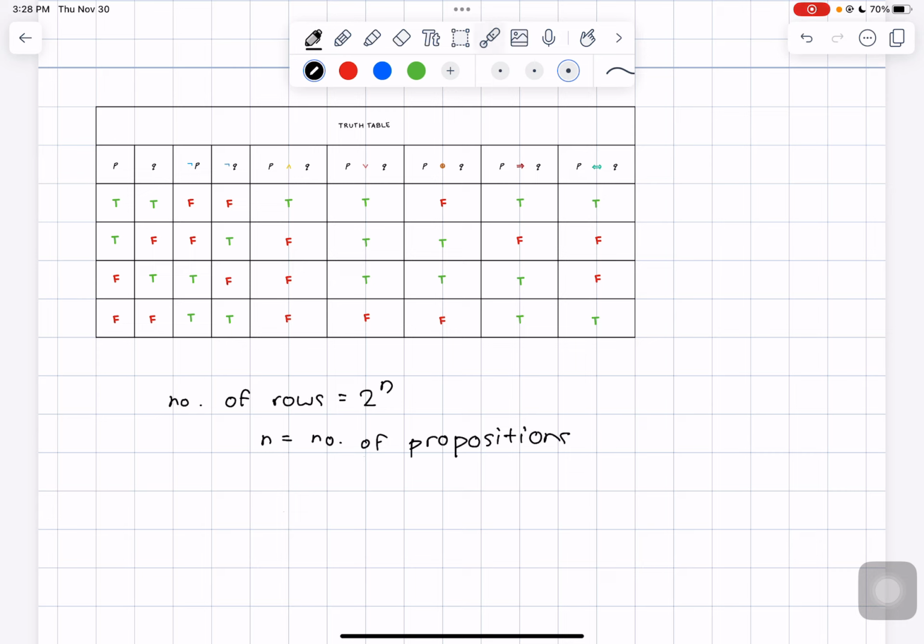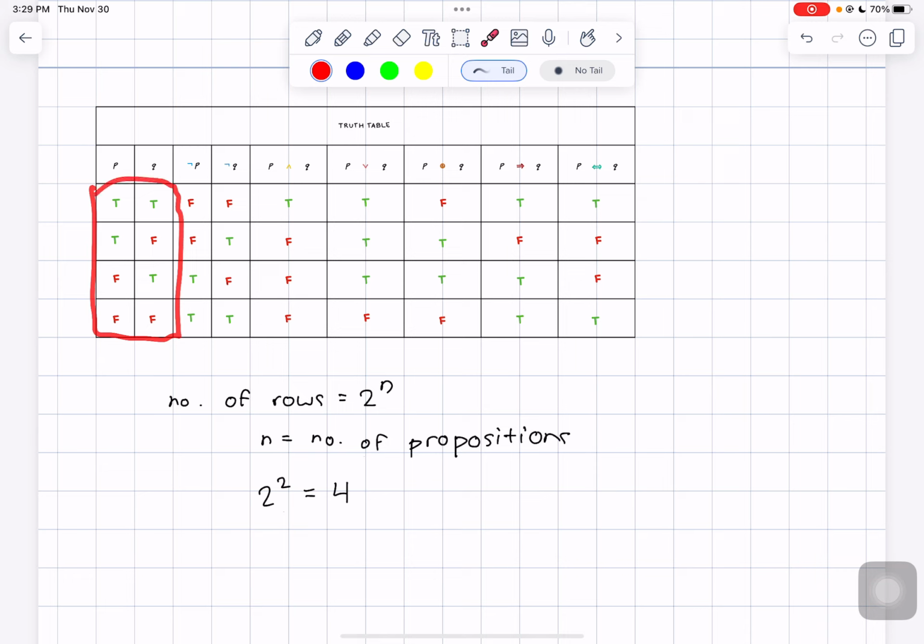Here we only have 2, which are p and q. So 2 raised to 2, or 2 squared, is equal to 4. That is why we have 4 rows given where we'll put true or false.